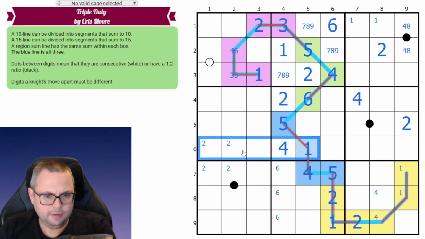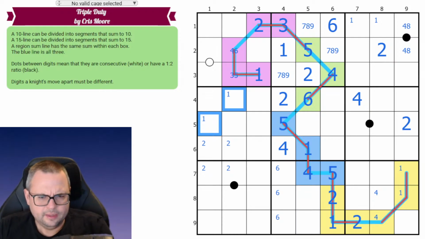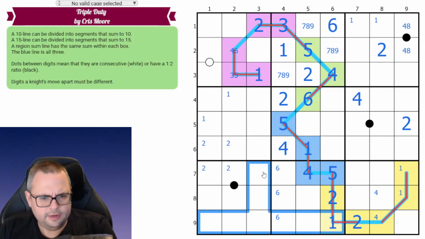See, 1 in box 4, Casper says. Oh, right, it's not there either. I think it's in one of these two places, I think. Let's see, what about 1 down here?